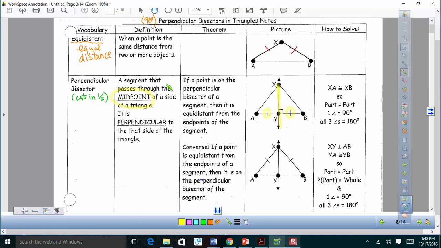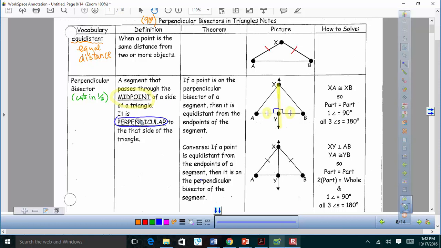So that's what the midpoint tells me. And then it also tells me that it's perpendicular to, which means it forms right angles. So they drew one of the right angles, but what does that mean about this right angle as well? Well, it means that this one is a right angle. So I would draw a right angle on both sides.